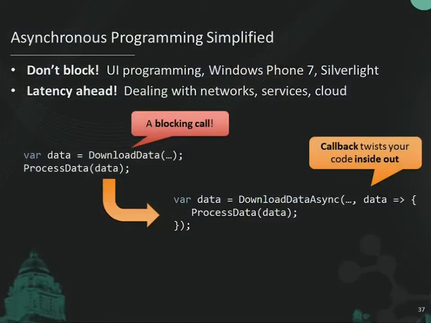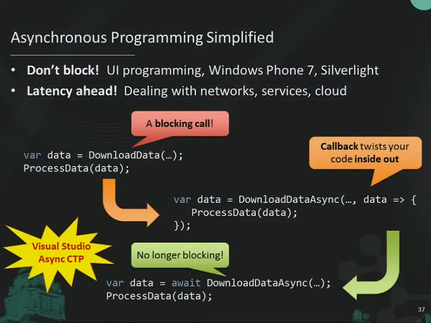You also have event-based APIs, like the .NET asynchronous pattern based on events, which would have a Completed event. Now, the thing is that your code starts looking inside out. You don't have sequential flow anymore. You don't have code that looks as nice as the one on the left. In order to go asynchronous, you basically need to restructure your code using all those ugly callbacks. And it gets pretty ugly pretty quickly.